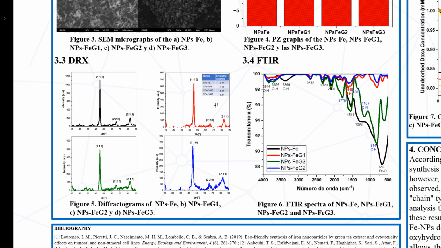Therefore, the use of glycine as a surfactant decreases the crystalline size of iron nanoparticles with respect to those that are not functionalized.